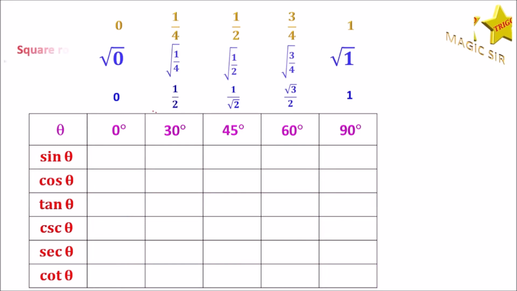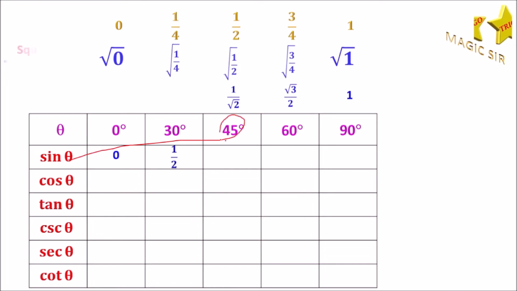These are the 5 values of sin theta for 0 degree, 30 degree, 45 degree, 60 degree and 90 degree. We write sin 0 degree is equal to 0. Sin 30 degree is equal to 1 upon 2.